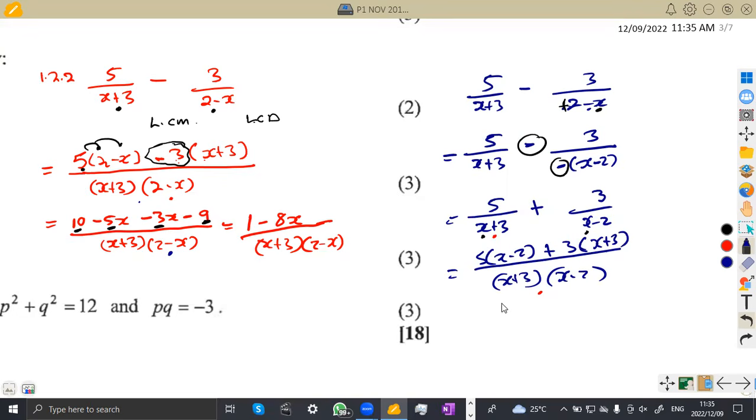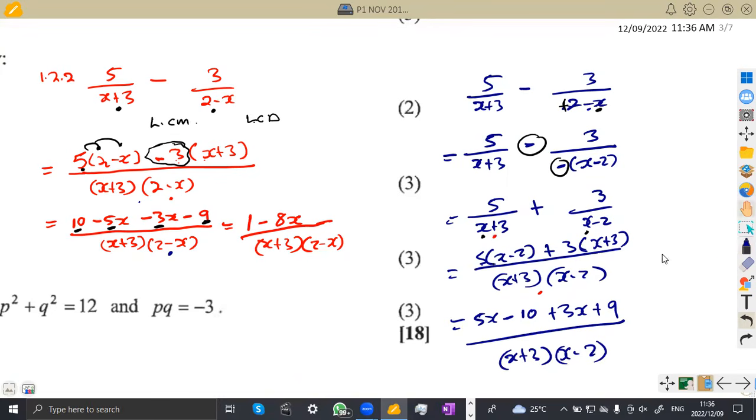So expand brackets, just like what we had here. This is going to be 5 multiplied to x, which is 5x. 5 and negative 2, that is negative 10. 3 by x, which is 3x. Then 3 times 3, which is 9. Everything over x plus 3 into x minus 2.